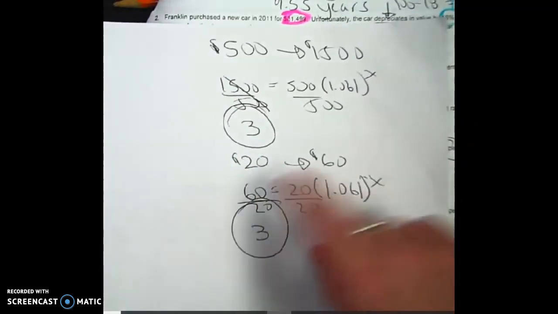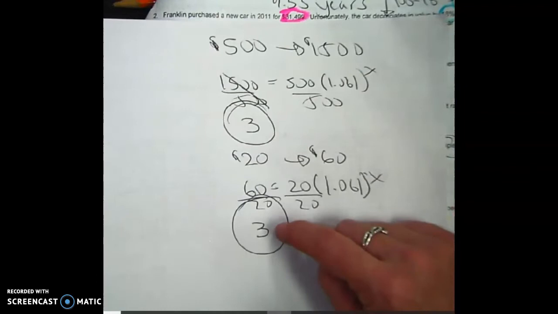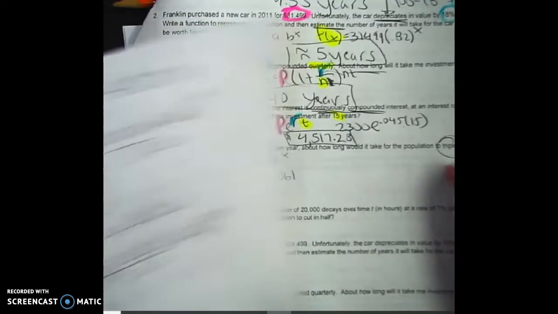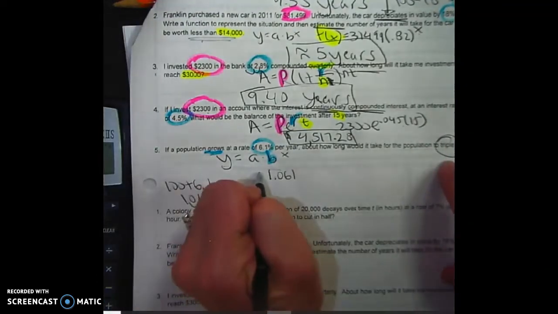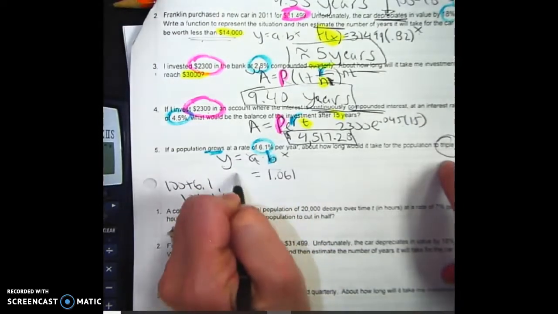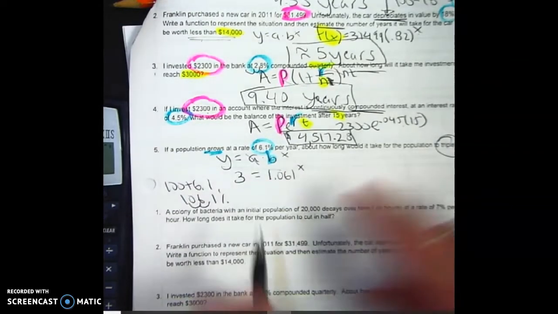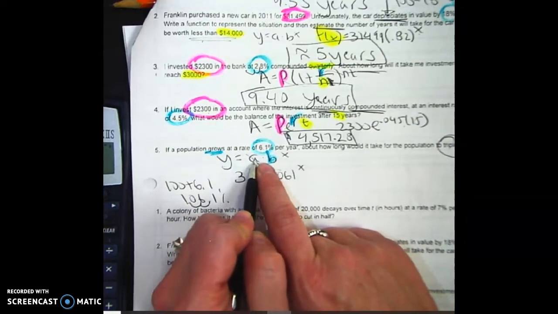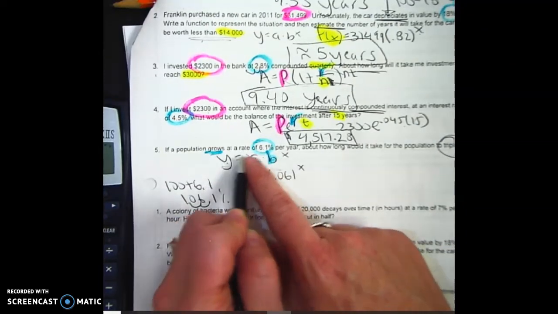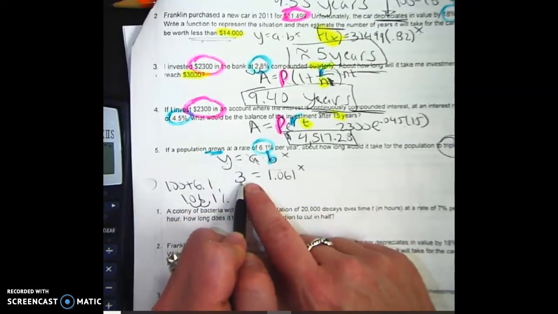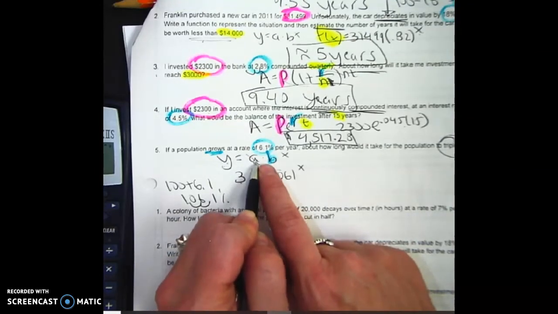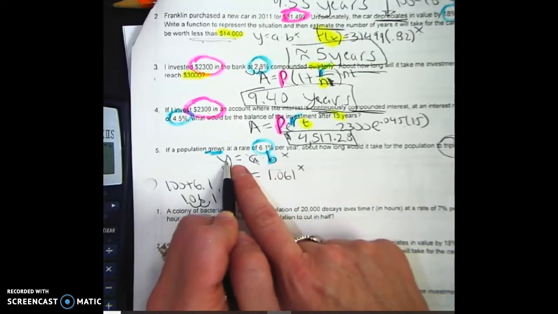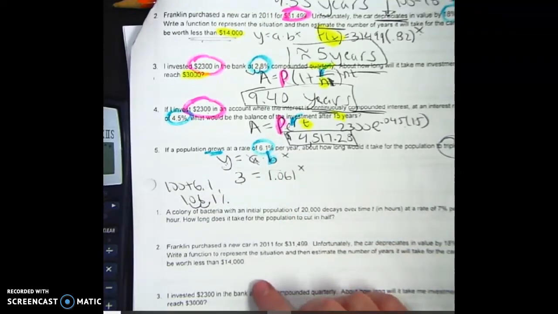So does the amount of money matter, or what's happening to that amount matter? The fact that I am tripling it means that I don't care about that. I know I'm going to be tripling my money. Because if that was 500 and that was 1,500, 1,500 divided by 500 is 3. If this was 20, this would be 60, and 60 divided by 20 is 3.